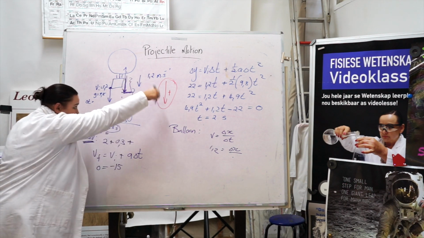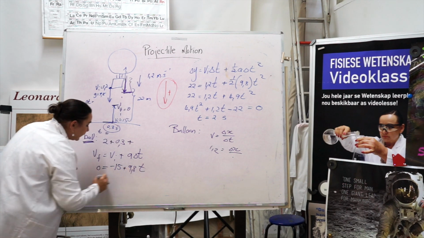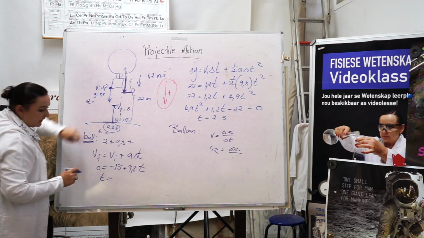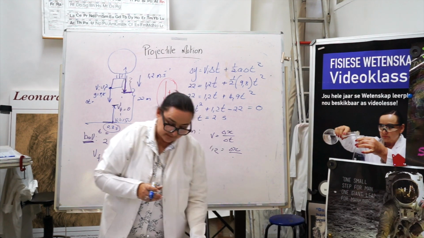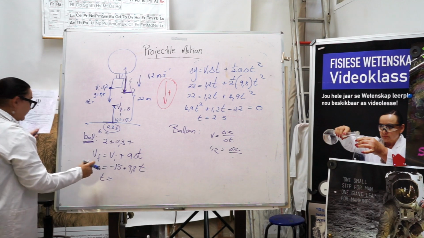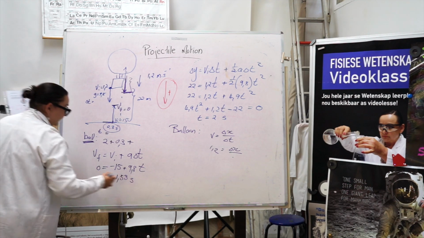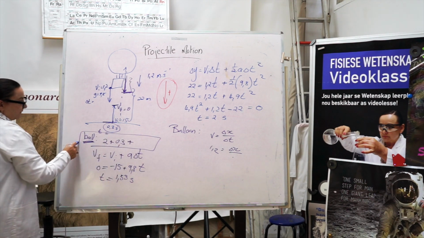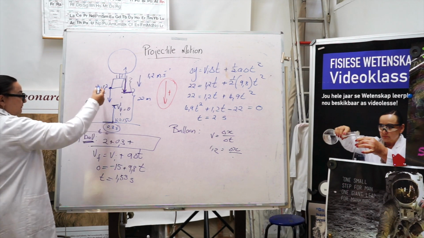Acceleration is in the same direction that I chose, plus 9.8, and I get my t, the time from there to there. Let's just work that out. Okay, I did quickly work it out before, and I got my t as 1.53 seconds.